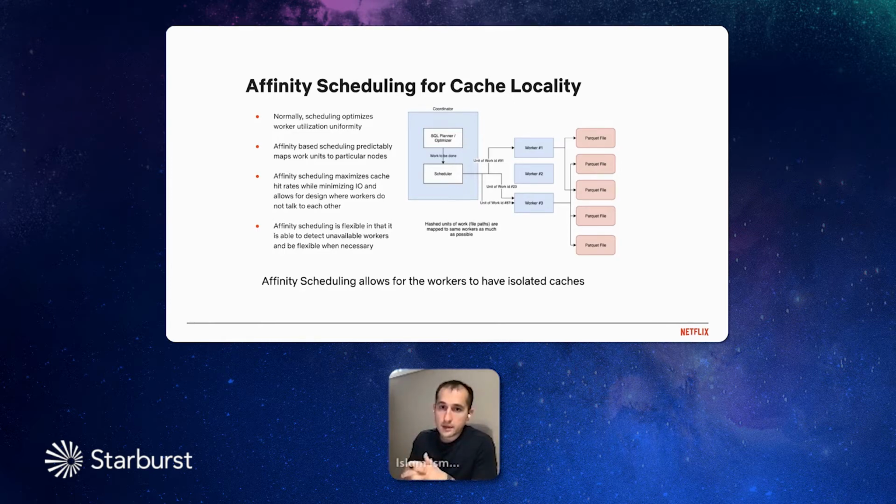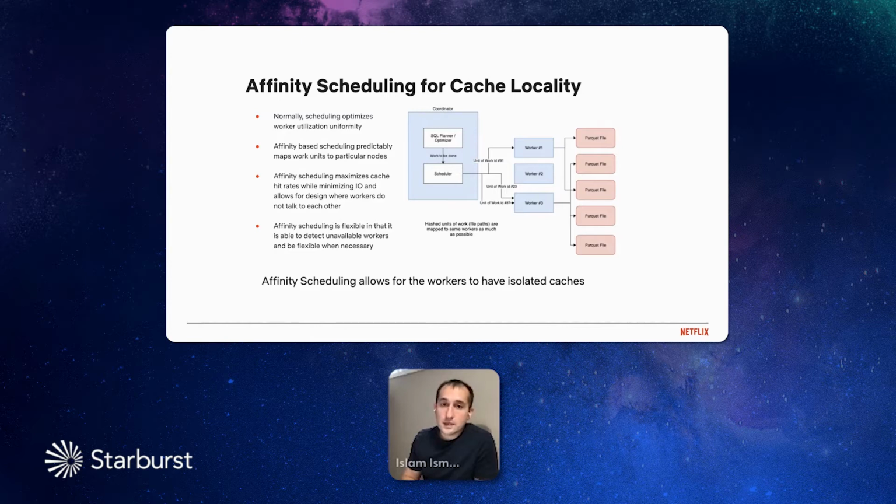If we distributed these files in a fashion that just optimizes for worker utilization uniformity, like we normally do, we'd sacrifice cache hit rates. We'd schedule a unit of work sometimes on worker number 1, sometimes on worker number 2, and sometimes on worker number 3, almost randomly, based on the workers' utilization.